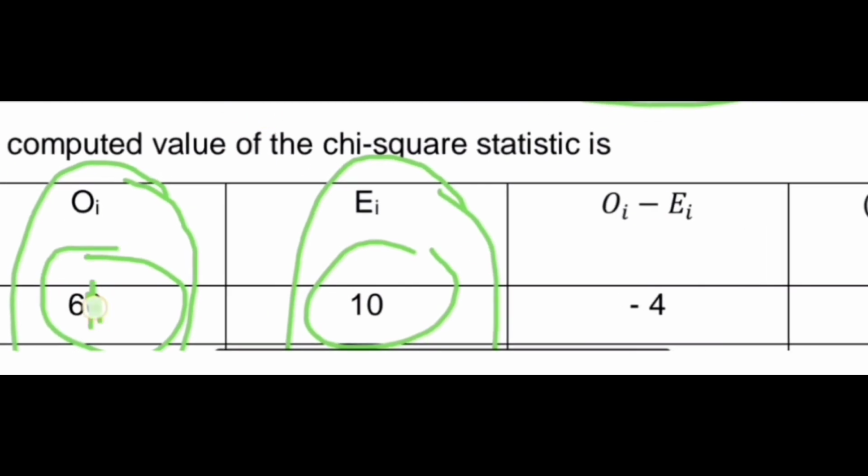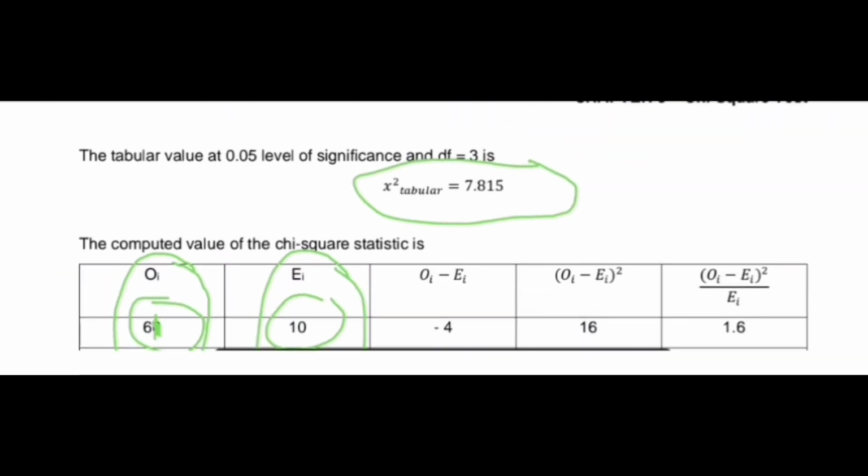Computing with the formula OI minus EI, we have our OI 6 minus 10 squared all over EI over 10. 6 minus 10, that will be 4. And 4 times 4, 16 over 10 will be 1.6.